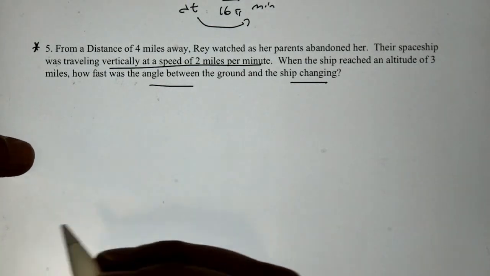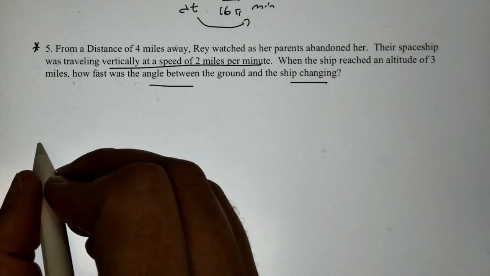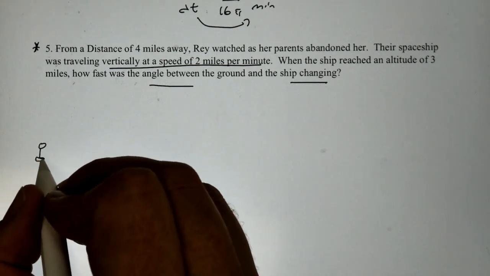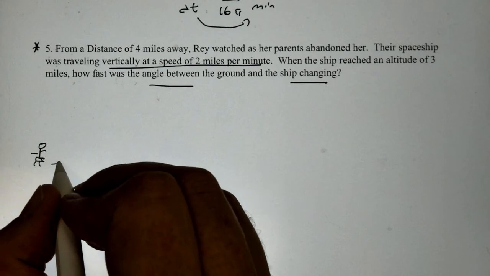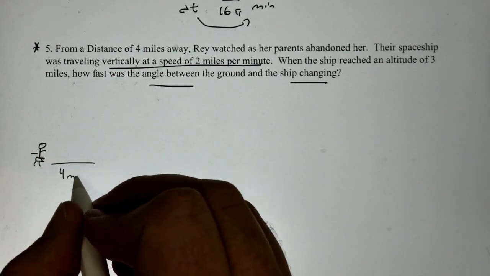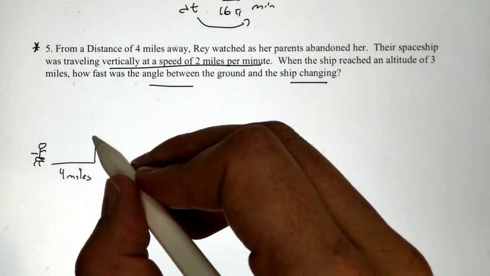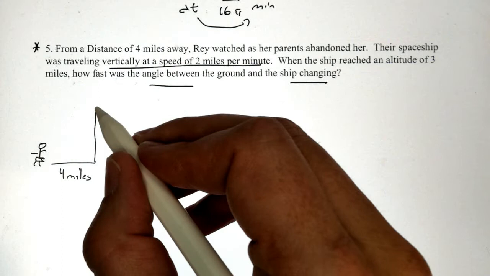So let's see here. You always want to draw a picture if you can. Here's Ray. Her parents abandoned her. She is 4 miles away from where a rocket ship is taking off vertically, like so.